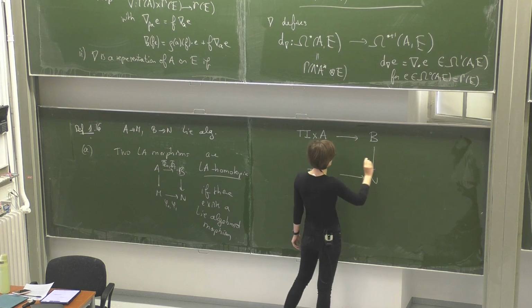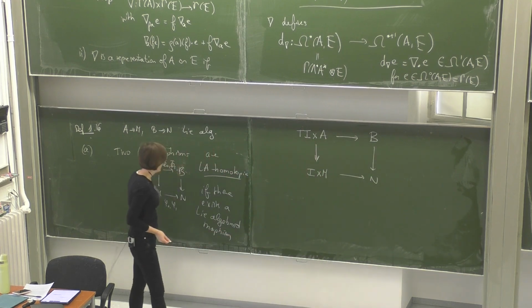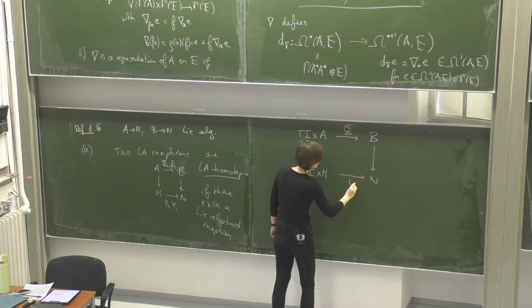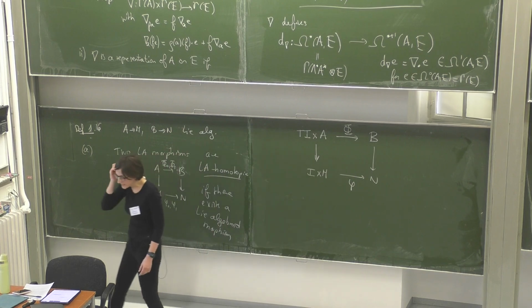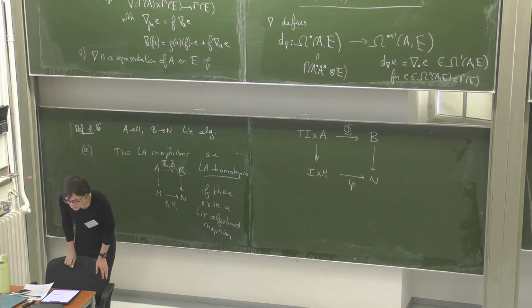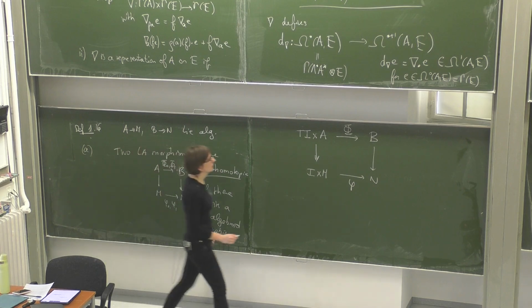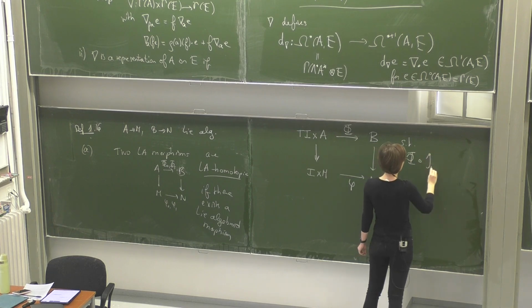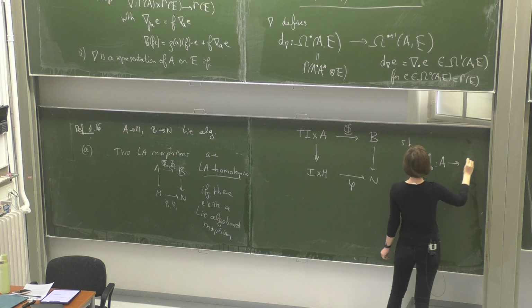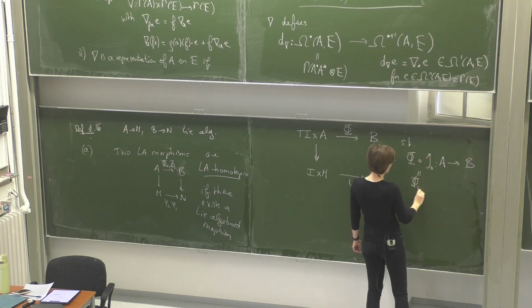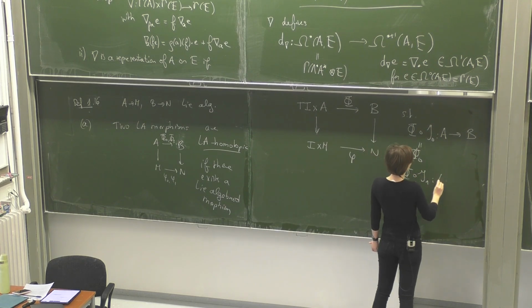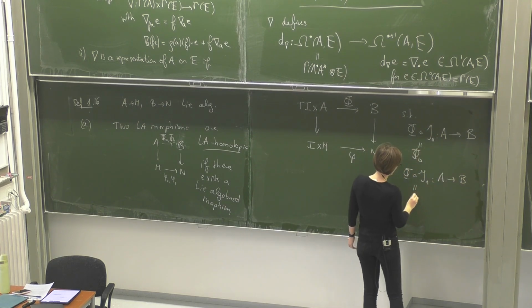But I think it's okay to just say it like this. So, if there exists a Lie algebroid morphism phi from TI times A to B over a smooth map from I times M to N, such that phi composed with I0 from A to B is phi 0. I'm going to say in a minute what I0 is. And phi composed with I1 from A to B is phi 1.